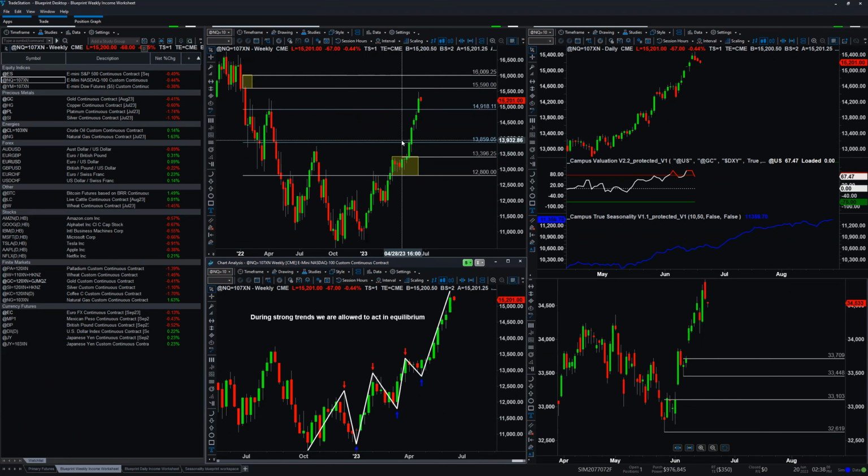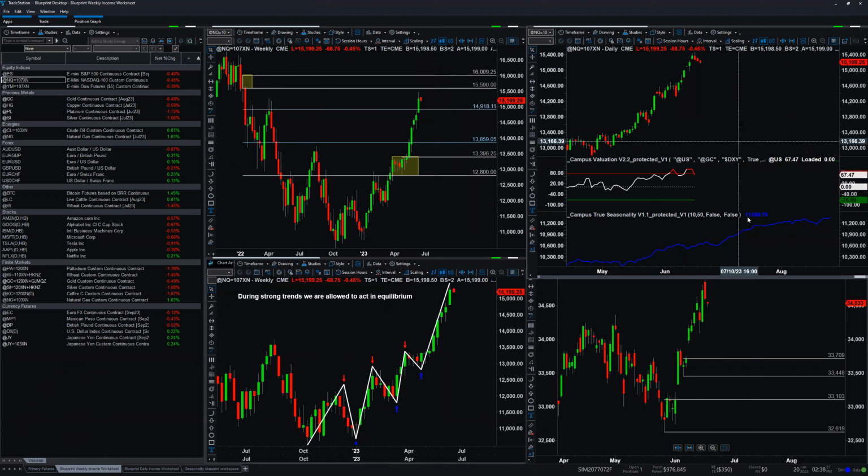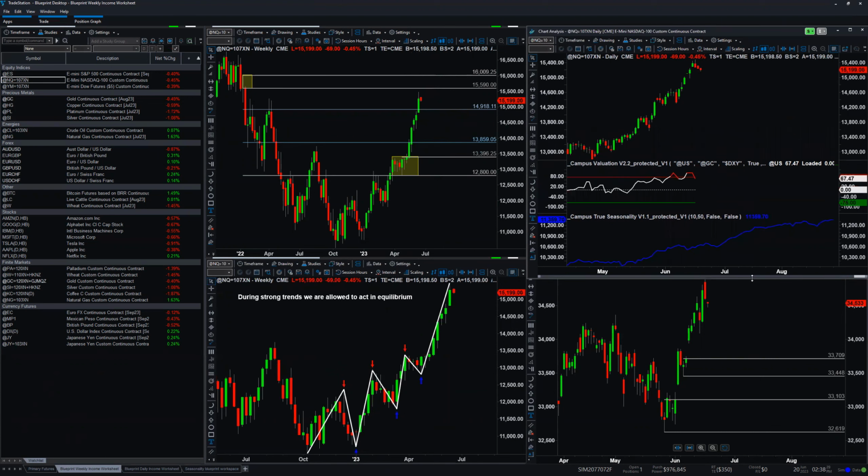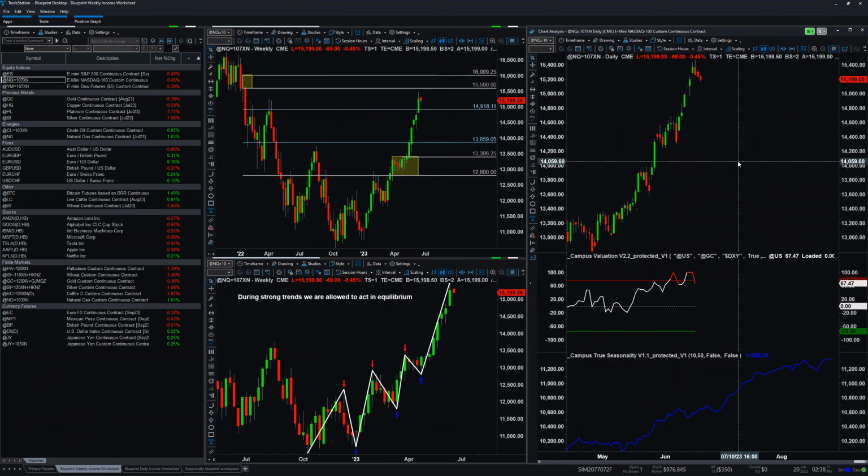But if it was a downtrend, then I could also look to sell in equilibrium. So during strong trends, we're allowed to act in equilibrium. It's a very strong trend, lots of impulse. And so therefore, I could technically look to buy in the lower time frame now. That's the next step. In the lower time frame, as we start at equilibrium.